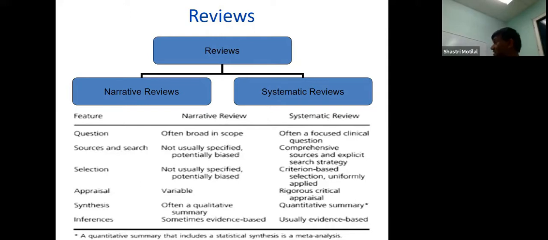But they only look for the studies that support what they say. So the sources that end up in a narrative review are often not exhaustive, and often biased. Whereas in a systematic review, the way you search for and get all the studies of interest is based on criteria set beforehand. These are the studies we're going to look for, and we're going to appraise them, regardless of what the study finds.